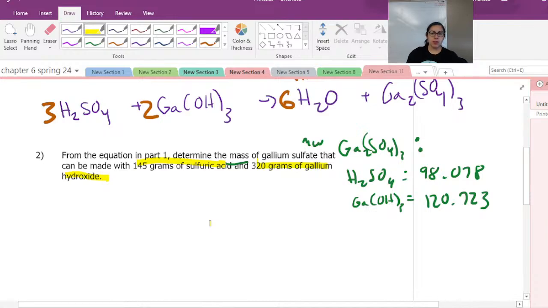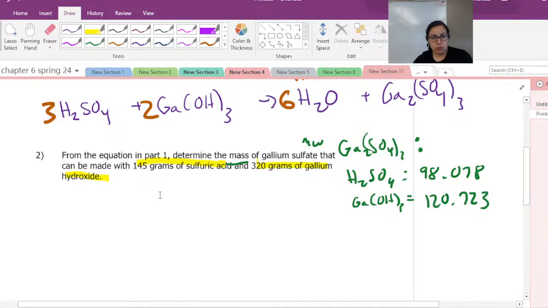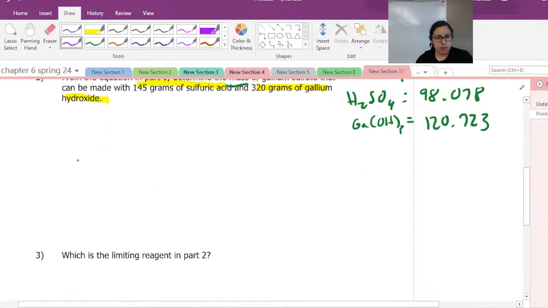So we do need to get theoretical yield, but then how do we know what our theoretical yield is? Here, it's a limiting reagent.